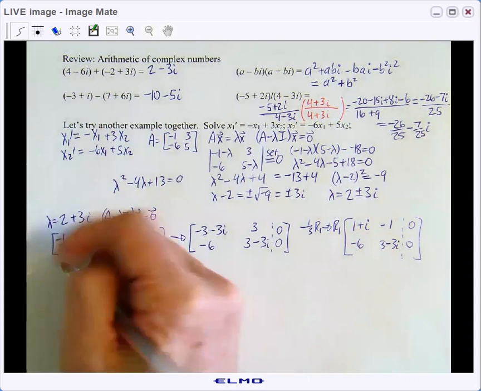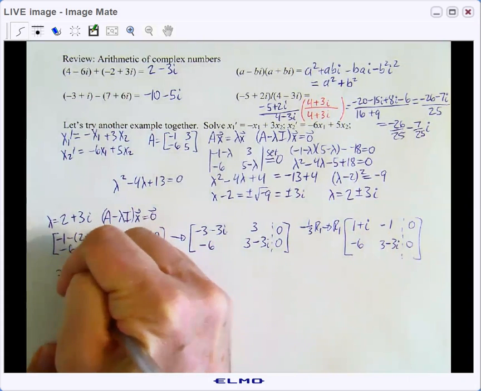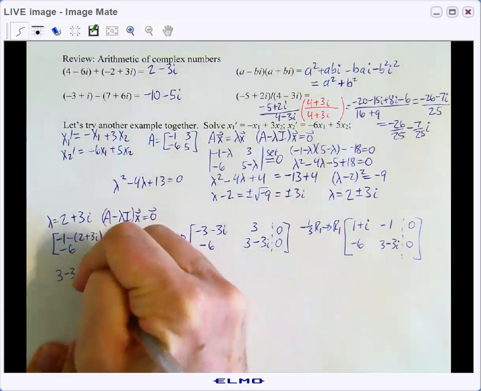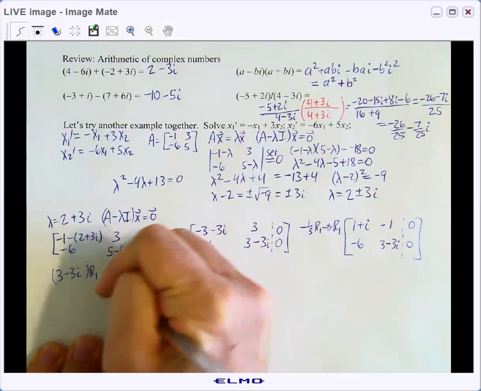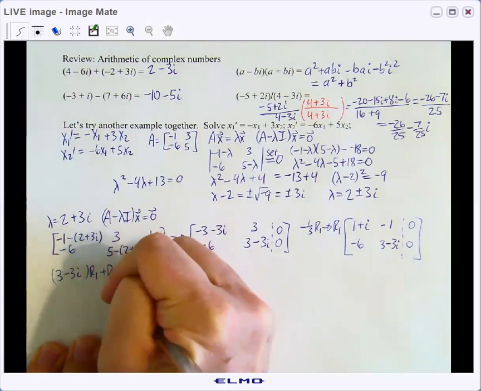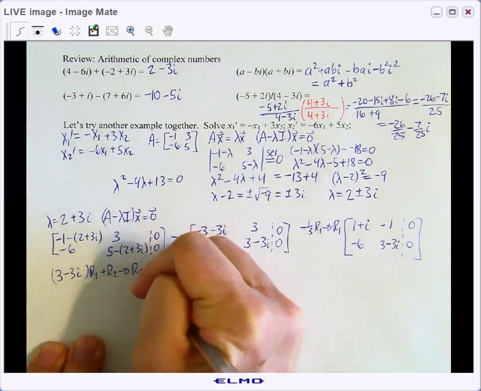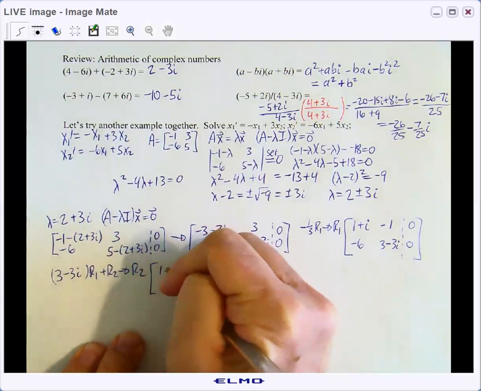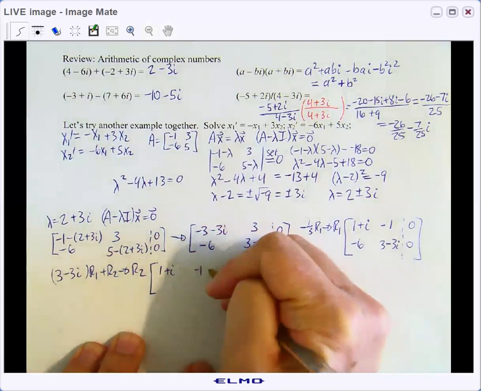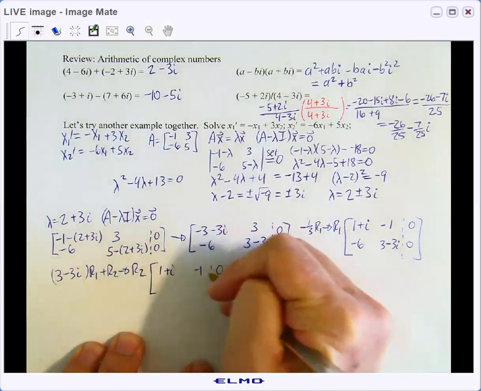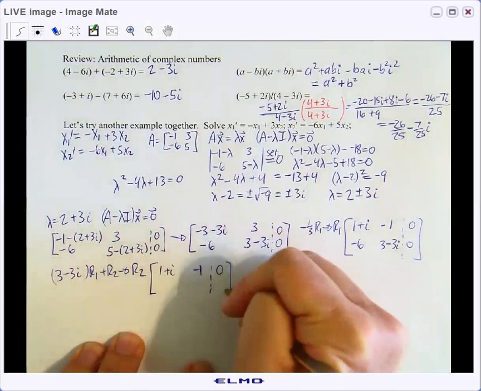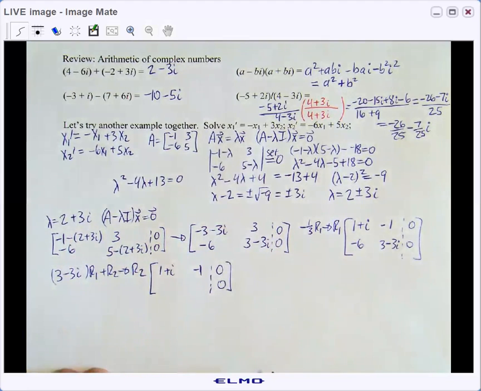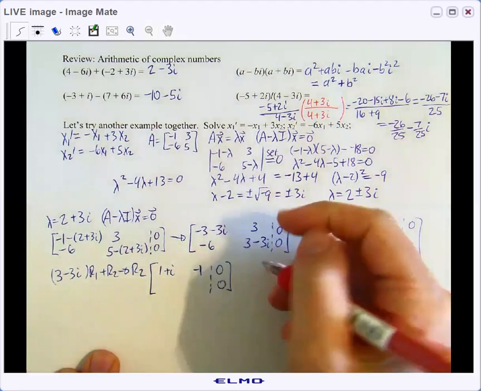So let's see what happens when we do 3 minus 3i times row 1 added to row 2 replacing row 2. Now row 1 still stayed the same as 1 plus i and -1 and 0, of course. And this is going to have to be a 0 as well.